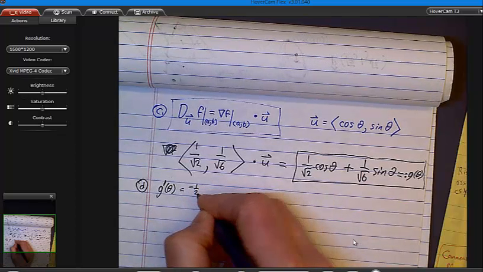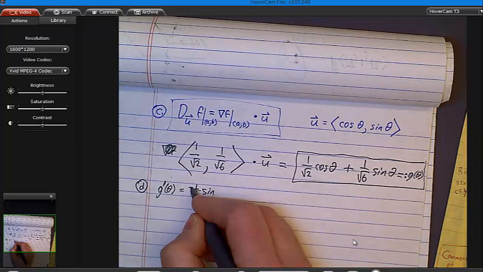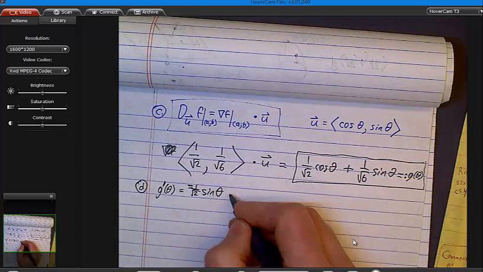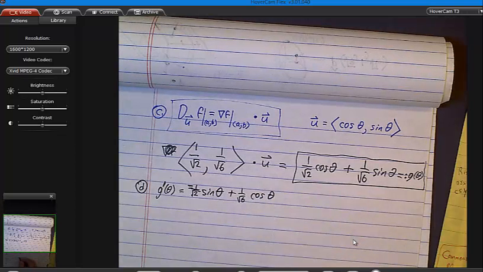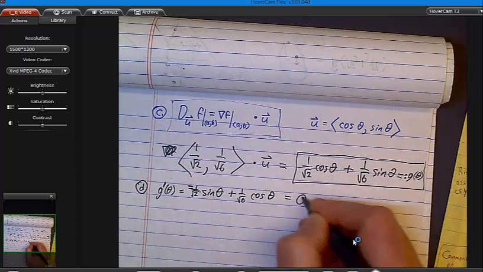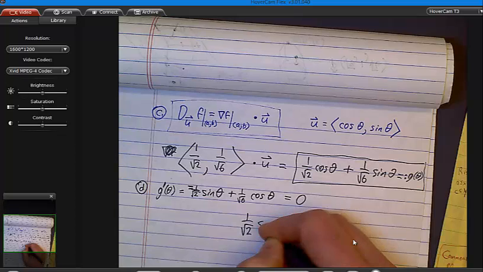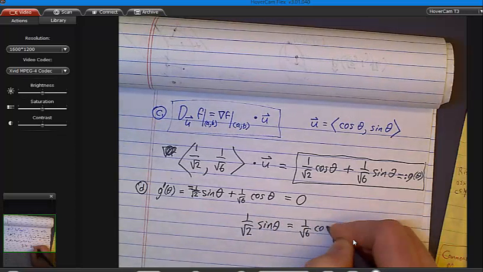Negative 1 over square root of 2 sine of theta, and then plus 1 over square root of 6 cosine theta. And why did I take the derivative? We can set it equal to 0 and find critical values. Do you guys know how to solve that? Good. 1 over square root of 2 sine theta is equal to 1 over square root of 6 cosine theta.